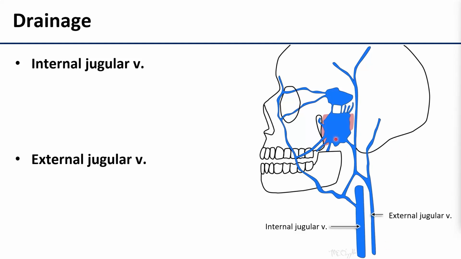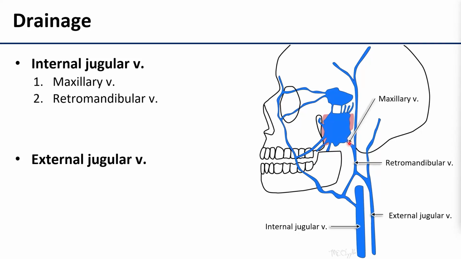All right, so again, we're starting here on our pterygoid plexus of veins. To get to the internal jugular, we are first going to flow into the maxillary vein. And the maxillary vein is just this short little stump of a thing here. All right, that is going to take us back to the retromandibular vein.